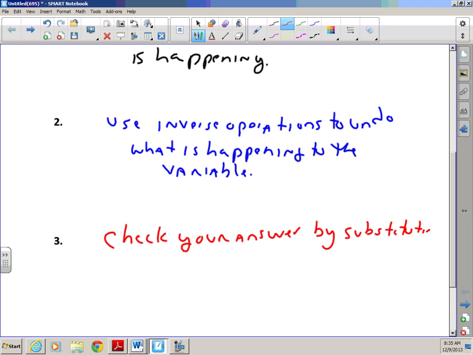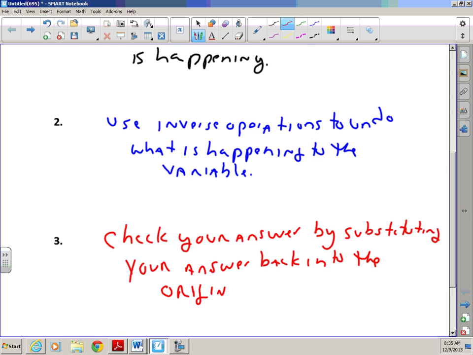By substituting your answer back into the original equation in place of the variable. Okay? So we're going to just walk through some very straightforward examples.